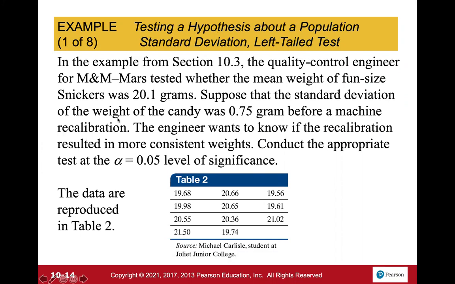Suppose that the standard deviation of the weights of the candy was 0.7, this is before the recalibration. So what they mean to say is just that our standard deviation is equal to 0.75. The rest of the data we could actually get from here. Conduct the appropriate test at the alpha equaling 0.05 level of significance.